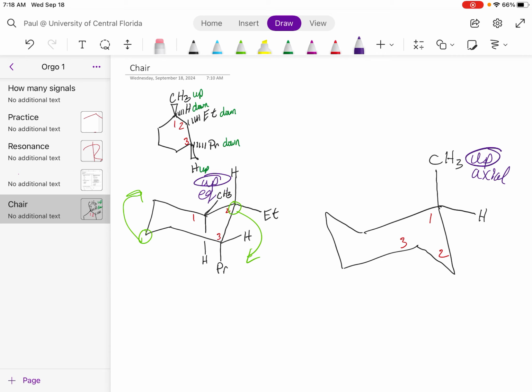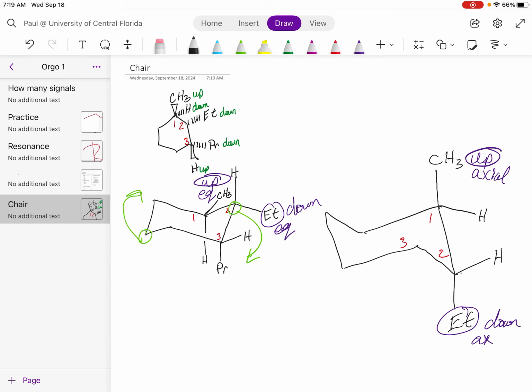So if we go to carbon 2 now, we see that in the first structure, oh, that's not carbon 2 now, is it? Carbon 2 right there, the ethyl group is equatorial, so now it has to be axial. And if we do the same thing again, notice that ethyl group right here is down. It's still down. Here it is equatorial, and here it is axial.